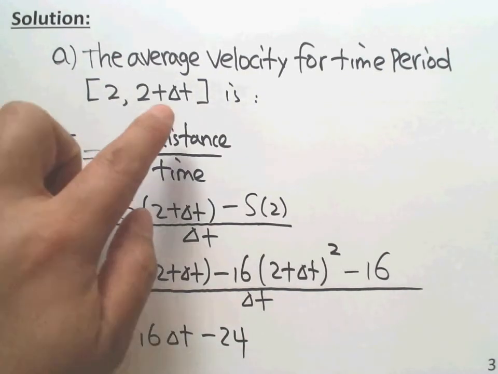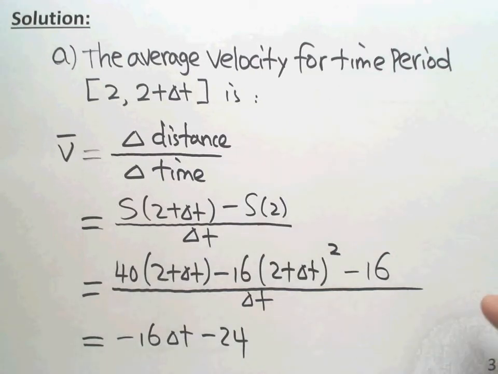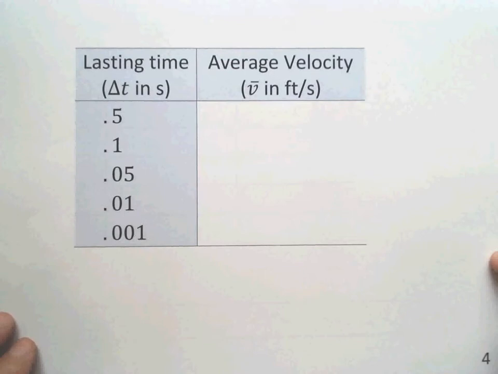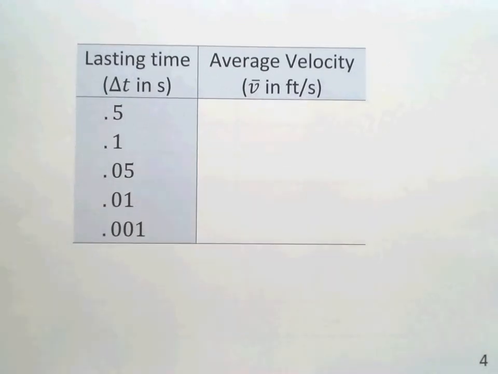We already built the function for the average velocity depending on the increment of time. So now we're going to evaluate this function at different delta t on a table, as we did before. So like this. This is a table. Okay, and how to evaluate? All we need to do is use the calculator, right? So we're going to use the calculator.